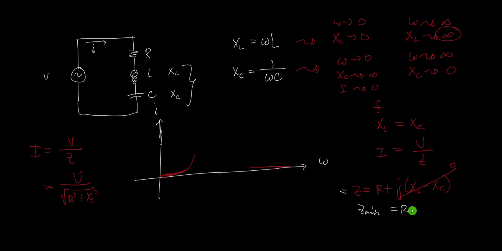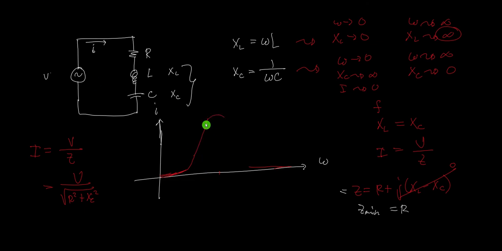Because the current is voltage over that Z, the higher the impedance, the lower the current, and the lower the impedance, the higher the current. So if this is the minimum value for impedance, then the current will result in the maximum current, because that's the lowest value for Z. And that value will be somewhere here.